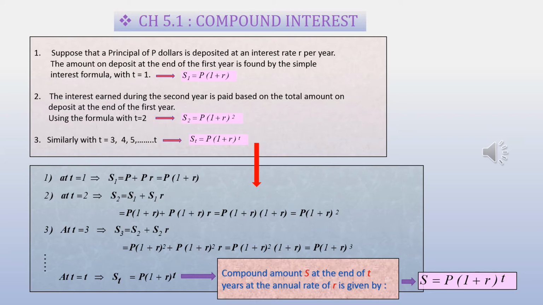So in the second year, S2, which is the amount of money in the second year, is equal to P multiplied with 1 plus R to the degree of 2.